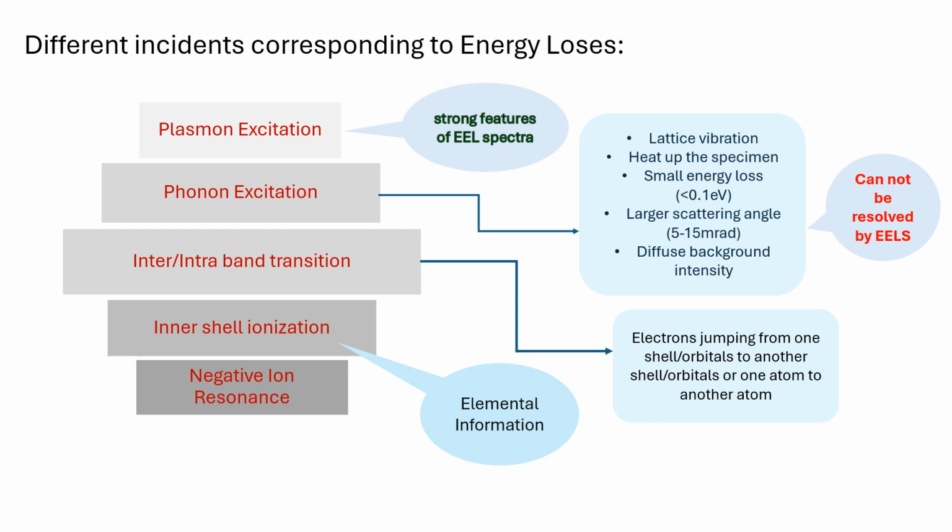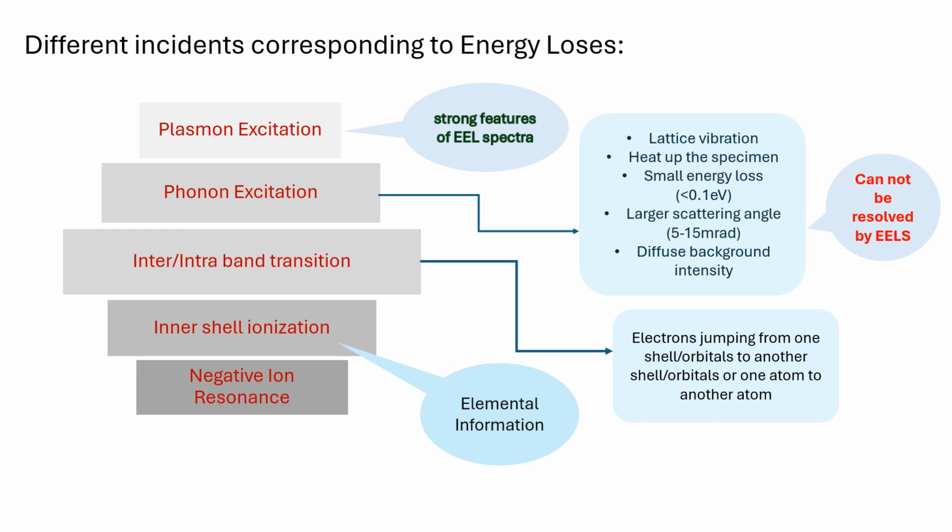So these are the internal processes due to which the energy loss is happening: the plasmon excitation, phonon excitation, inter or intraband transition, inner shell ionization, and negative ion resonance. I will talk about plasmon excitation in detail on my next slides.